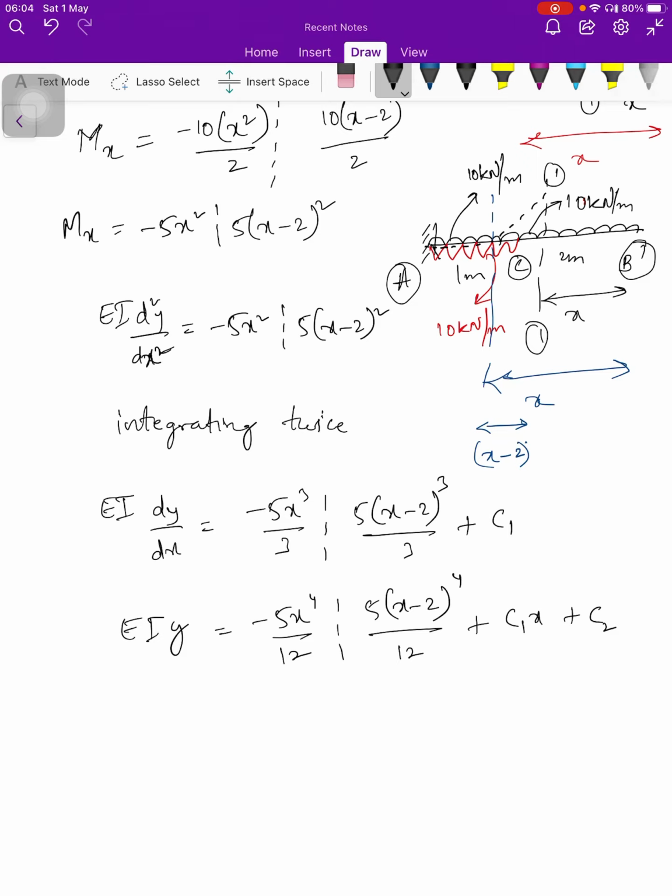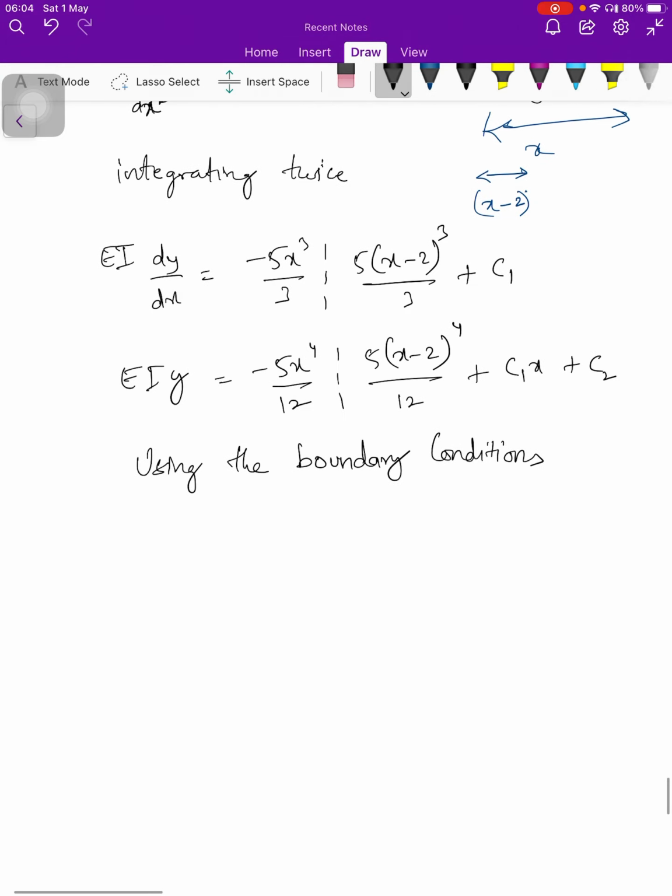Okay, now using the boundary conditions, what all boundary conditions we have at A. So if you see, this is the figure, UDL of 2 meters, and for 1 meter you don't have any UDL.